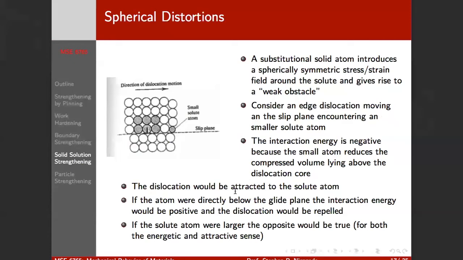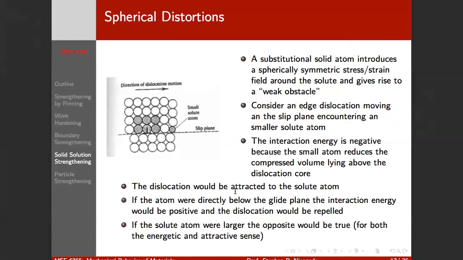So our dislocation doesn't start out near here. Our source can be well away, right? So our source doesn't know that this solute atom is here. So basically, there's no preferential probability as to whether this solute atom should be above the slip plane or below the slip plane, right? It should happen with equal frequency.